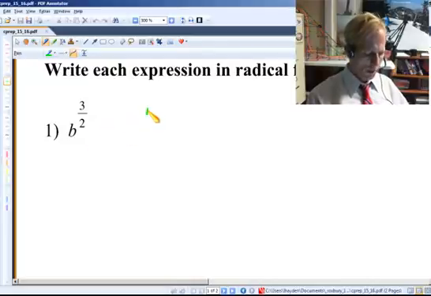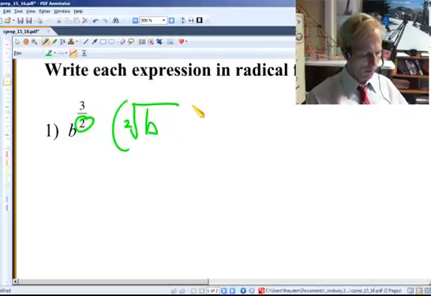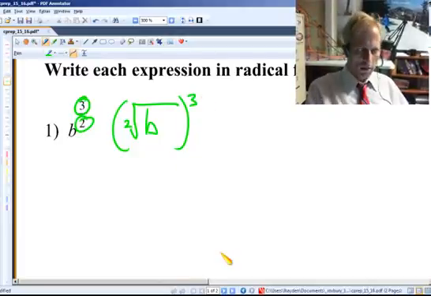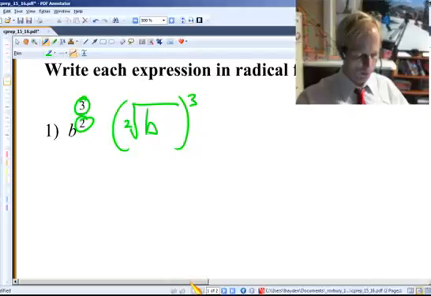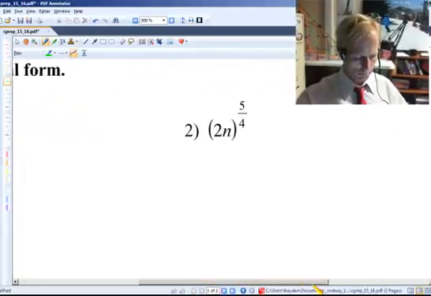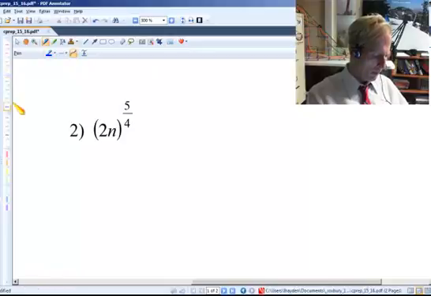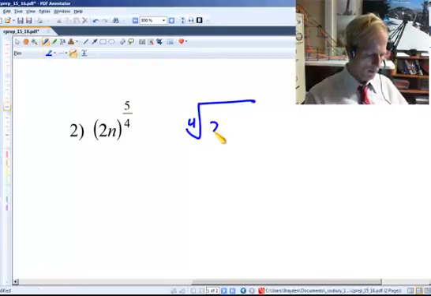So all I need to do is take the denominator, it becomes the index of the radical, and the numerator becomes the power, the exponent of the radical. That means in this next one, I'm going to have the fourth root of 2n to the fifth power.